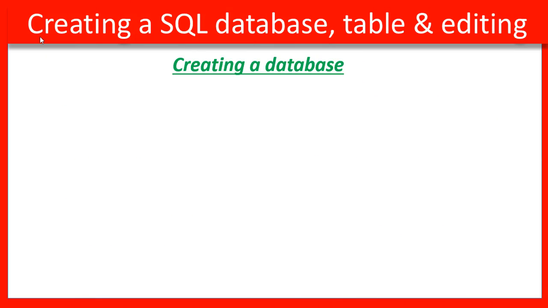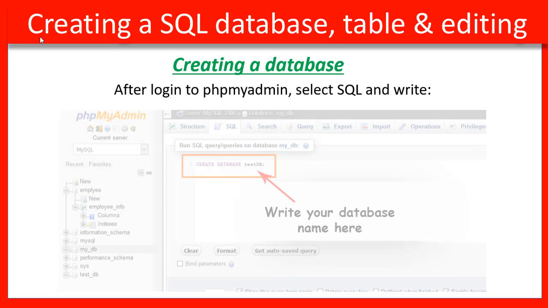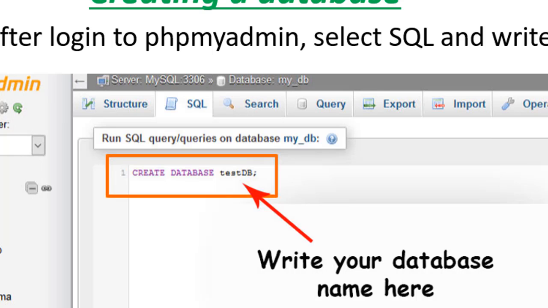Creating a database. How to create a database? To create a database, we must go to our phpMyAdmin login, and then after logging in to phpMyAdmin, we have to select SQL and write the following statement in the relevant field: create database, and next is your database name.